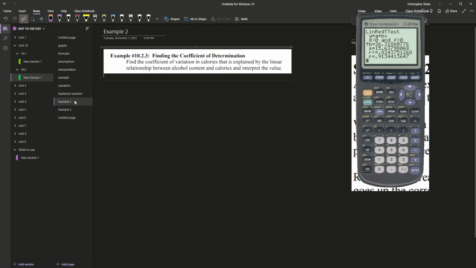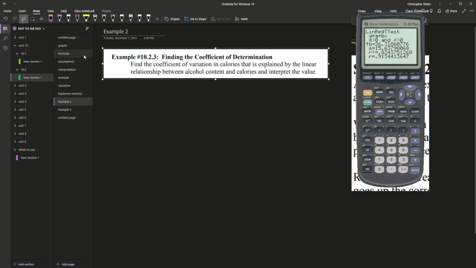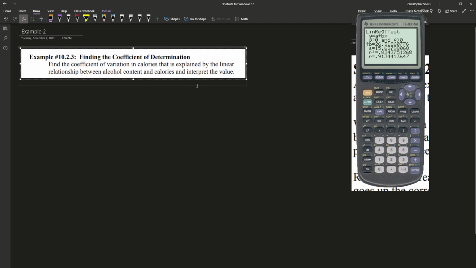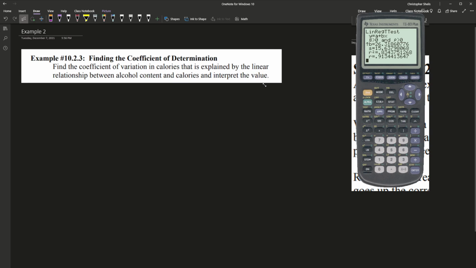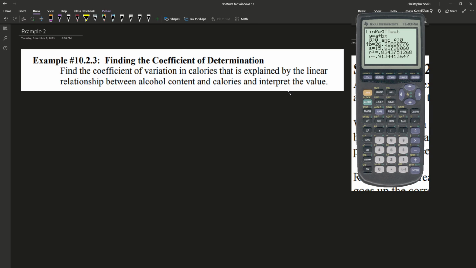So if we were asked, find the coefficient of variation in calories that is explained by the linear relationship between alcohol content and calories, and then interpret this value. What this is asking for is the r squared from the previous problem that we did.